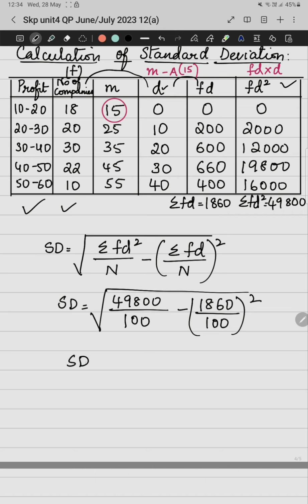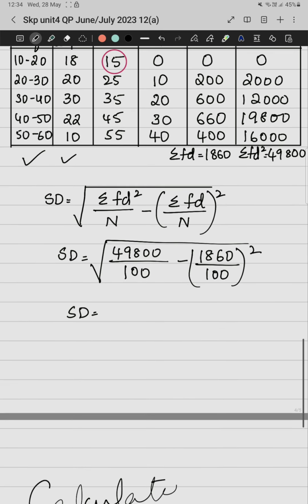Once I quickly add these values and see the total, it is correct.